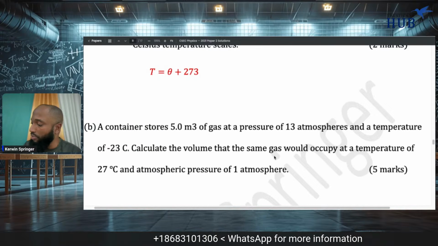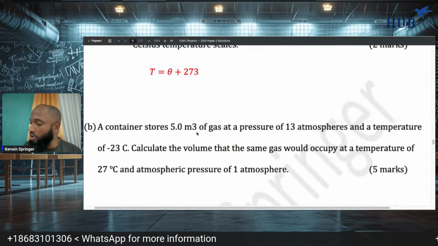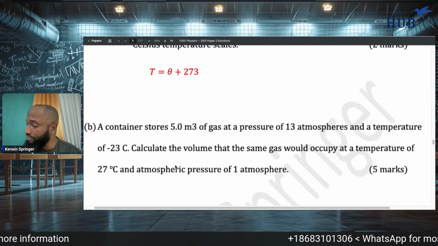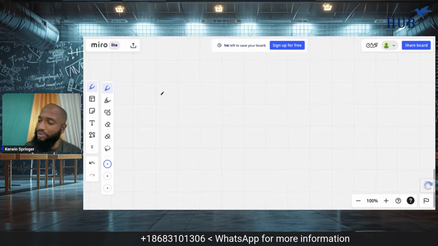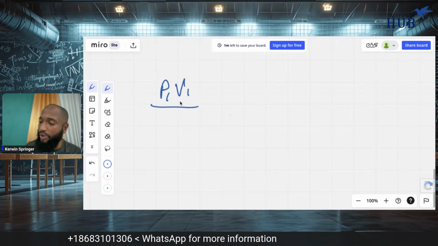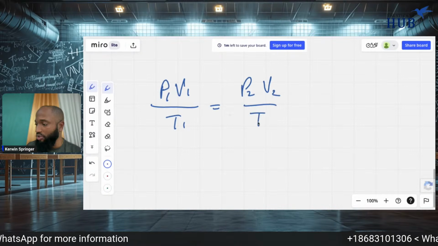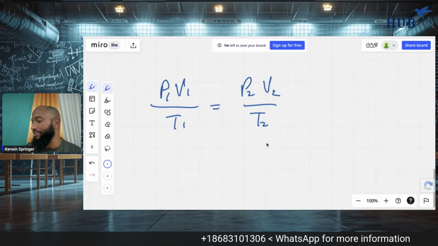So calculate the volume that the same gas would occupy. So you could either do 2 things. You could realize what law is being used, if there's a law being used, or you could just use the full gas law. Most of the times you just use the full gas law and go along on your merry way. P1 V1 over T1 must be equal to P2 V2 over T2 like this, and you substitute what you know. If something is being held constant, just remove it.